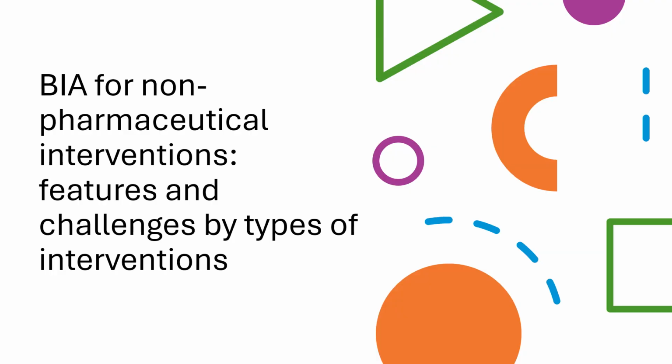Current BIA guidelines and instructional textbooks mainly address methodologies for evaluating pharmaceutical products, but non-pharmaceutical interventions have unique characteristics. In this section, we outline the features to be considered for the BIA of each intervention type.